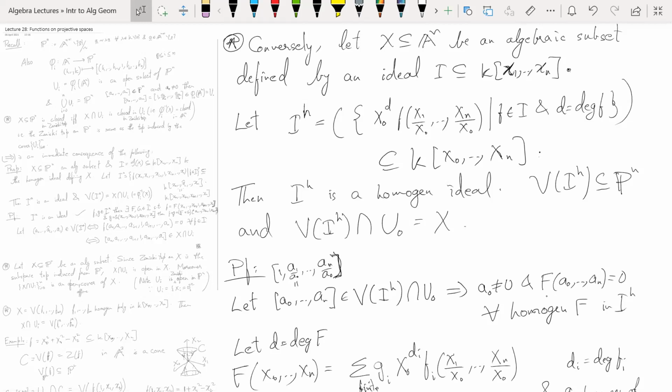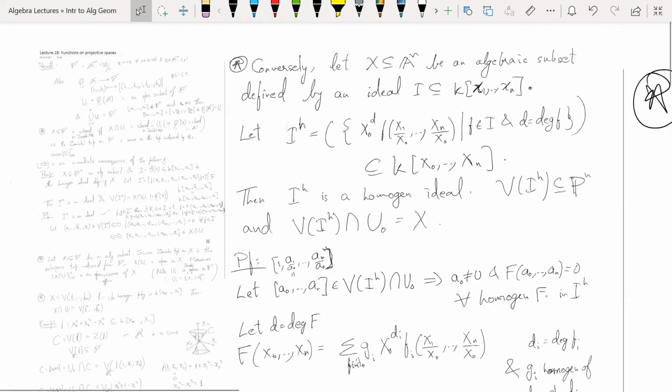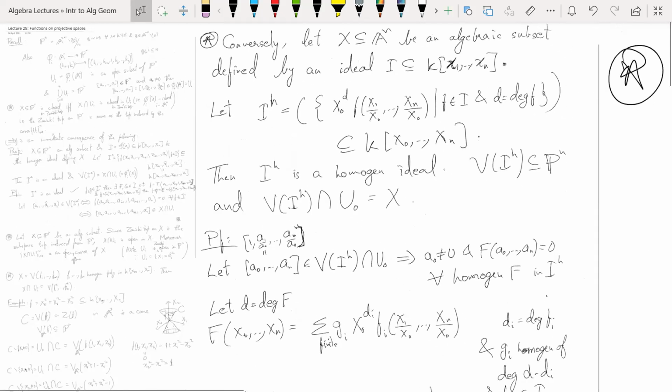Okay, so this was, given an algebraic subset of Pn, you could look at various affine pieces and make sense of how it looks in them. Now we can do it the other way as well. If you are given some affine variety X in An, then you can extend it to the whole of Pn.